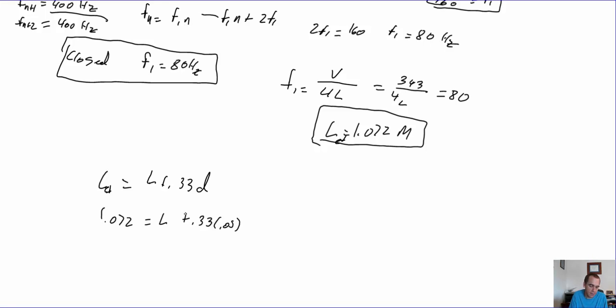And so if I subtract that off from the 1.072, I'm going to get something that's not very much different. 1.055 meters. Okay, so there's the actual length of the tube. Its effective length is 1.072, and that gives us our harmonics. It's a closed tube, and we figured that out.